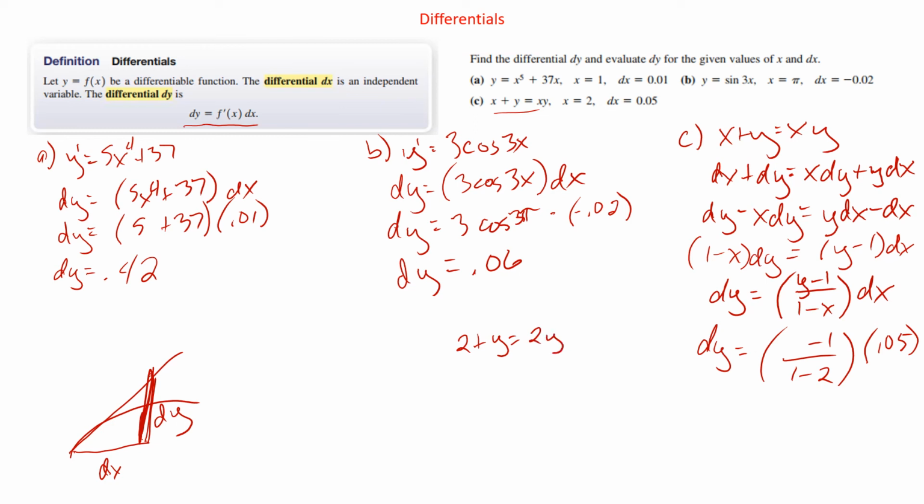If we subtract the y over, we get 2 equals y, so y equals 2 as well. So we have 2 minus 1 is 1 over negative 1. That's just negative 1. So dy equals negative 1 times 0.05 is negative 0.05. So that's really all there is to differentials. It's just what is the change of y when you have a change of x?